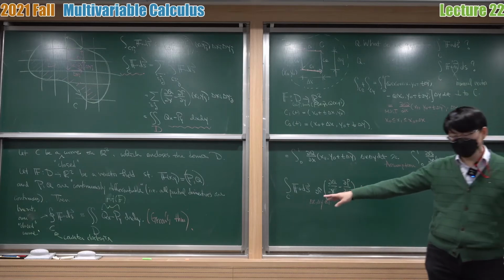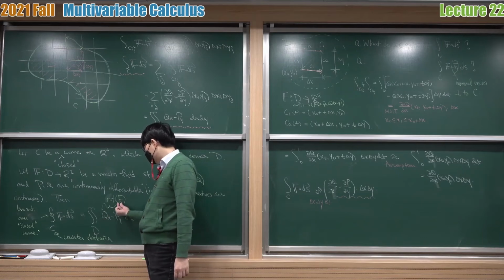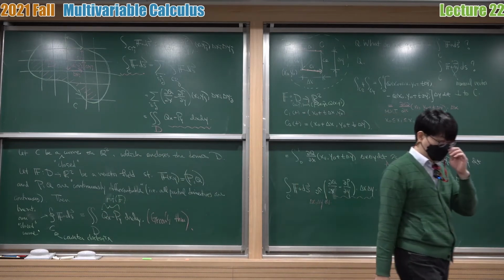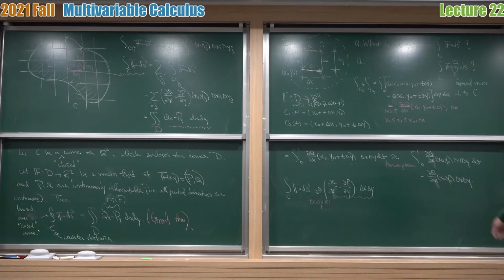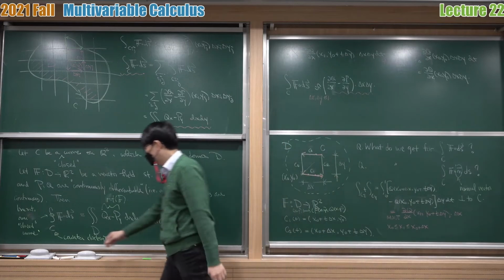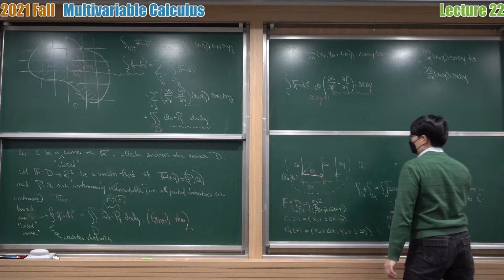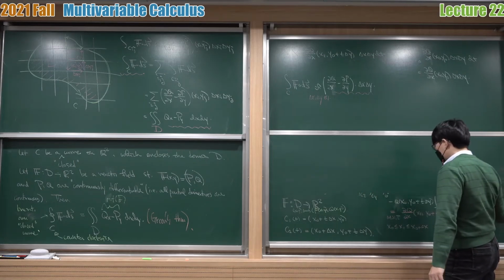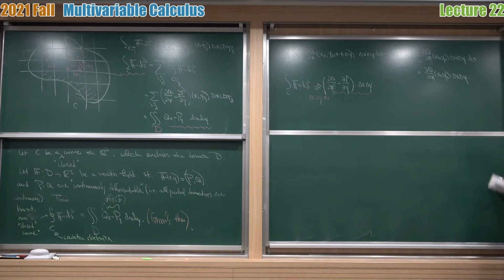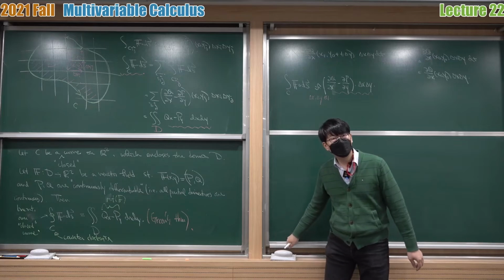We have a two-dimensional vector field, and if you get a rotation of F for a two-dimensional vector field, then you get a scalar function Qx minus Py. Okay, that answers the first one. Any questions?